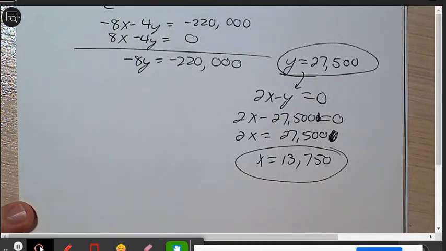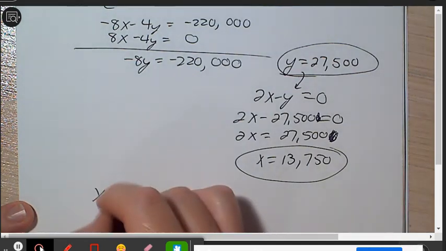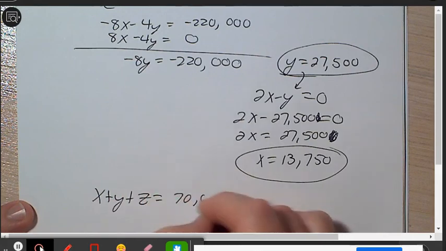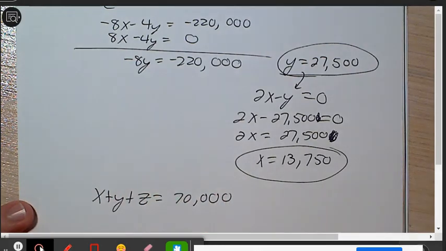And then we'll go back to any of the original equations that have x, y, and z to get the z value. So let's just go with x plus y plus z equals 70,000. Basically, we're just going to add these two together and subtract it from 70,000.